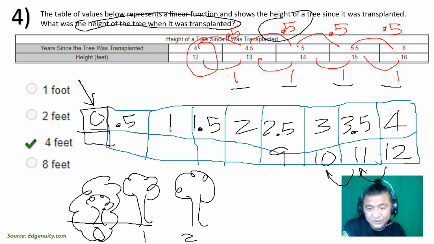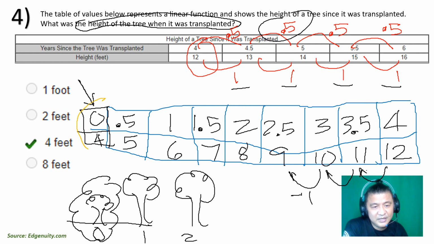Minus 1. So year 2, 8. Year 1.5, 7, 6, 5, and 4. Can you see that now? At year 0, our height is 4 feet. So this is the answer.